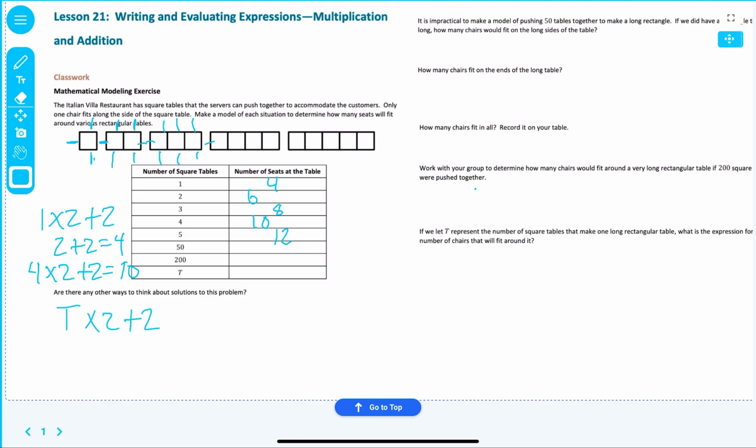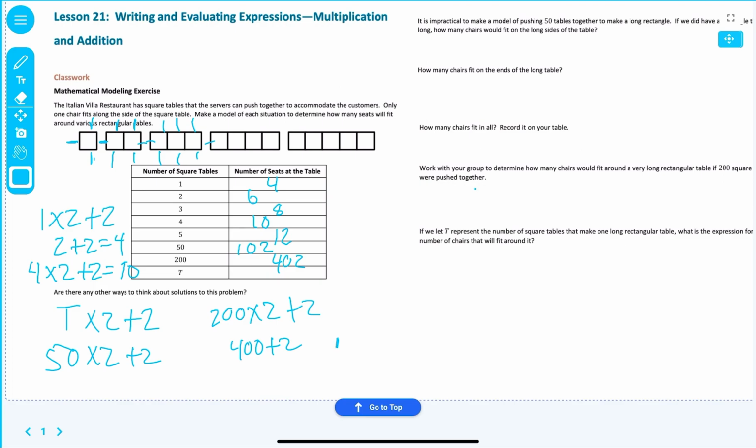So if we do that for 50, we would have 50 times 2 plus 2. That's going to be 102. Now if we do 200 times 2 plus 2, that's 400 plus 2 is 402. Now, what about for t?